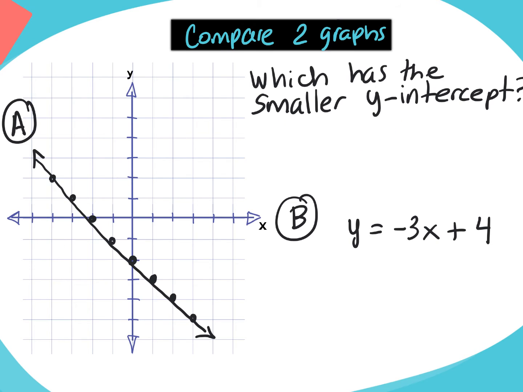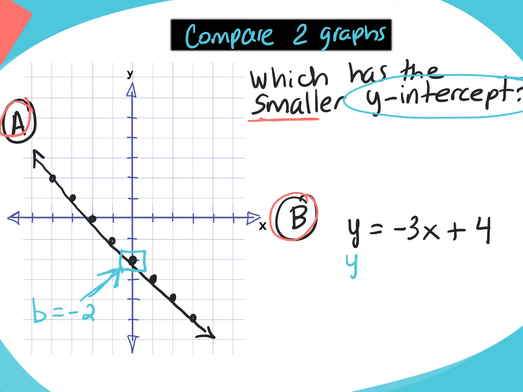Now let's suppose you're given graphs already. You're given this letter A over here, and then the letter B, and it says which graph has the smaller y-intercept. So y-intercept means where it crosses the y-axis. So here you can see it. It's right on the y-axis at -2. So here you know B is -2.